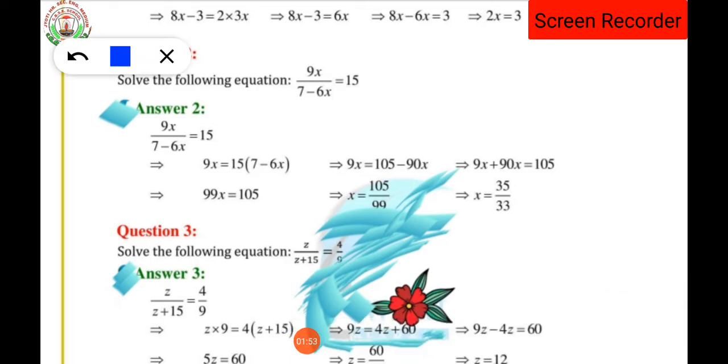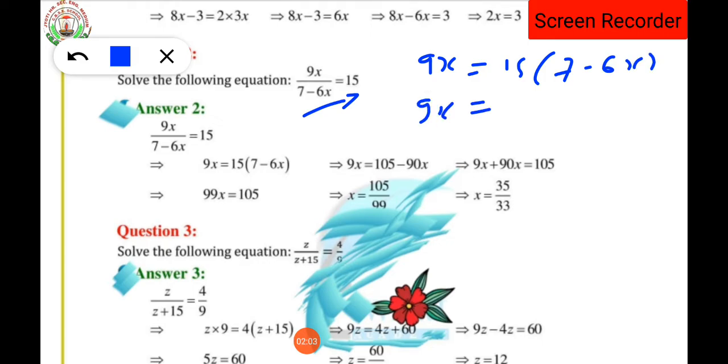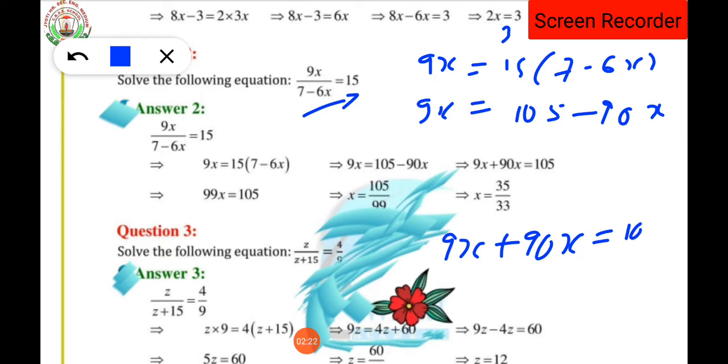In question number 2, again 9x will be cross multiplied. So 15 into (7 minus 6x). So 9x is equal to 7 fives are 35, 7 eights, 7 nines, so 105, minus 6 fives are 30, so 3 nines are 90. Now 9x plus 90 is equal to 105.